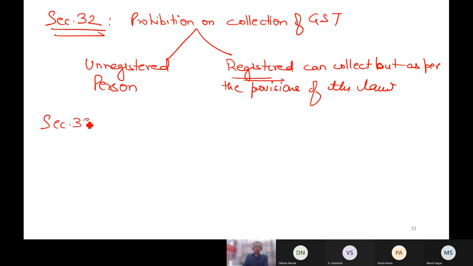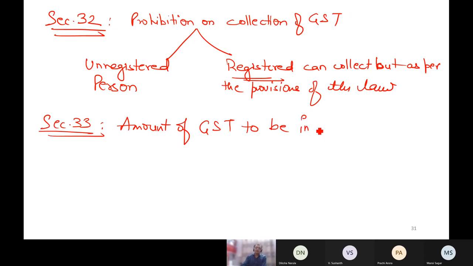Section 33. Now, amount of GST to be indicated in the tax invoice. This is my section 33. To be indicated. Now, suppose I have purchased a television of 50,000, on which, for example, 18% is GST, 9,000.